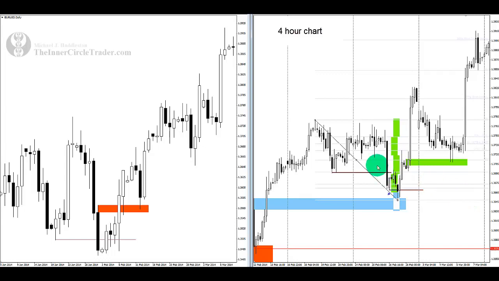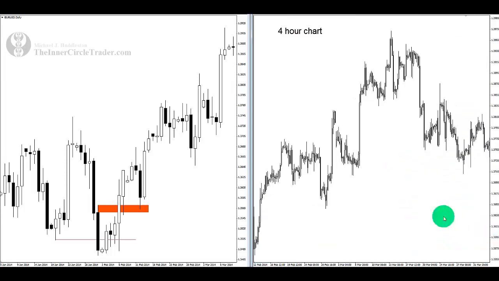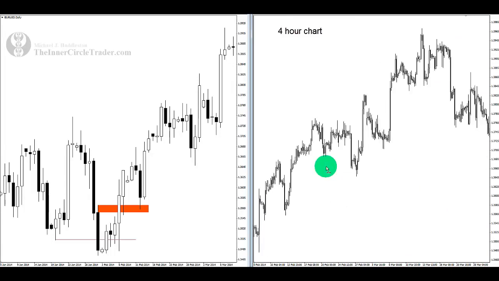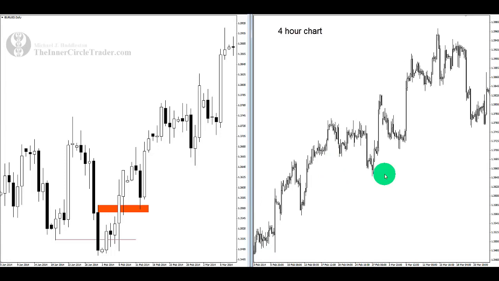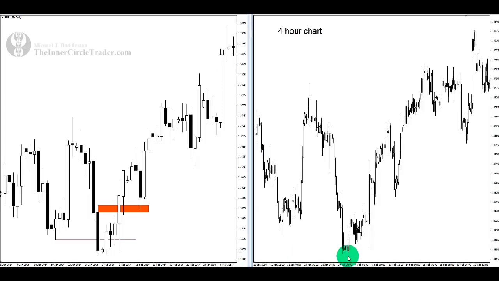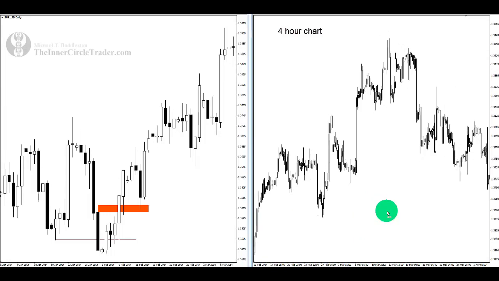If we go down to a 15-minute time frame, and we'll start there.